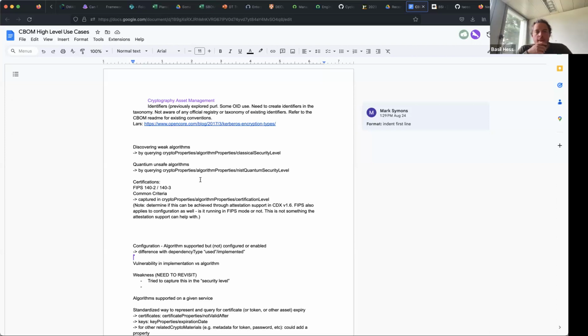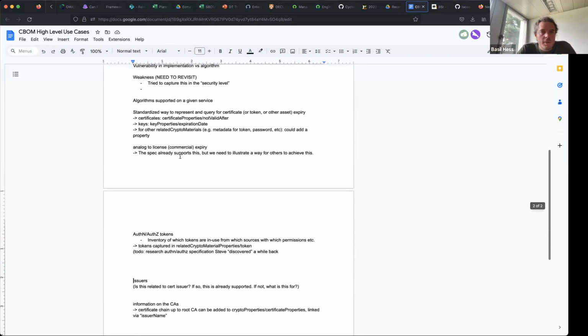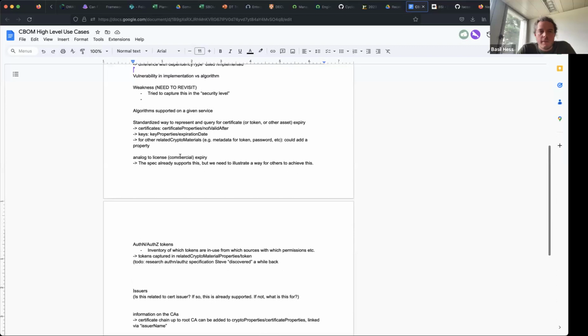I think most of them, yes. I mean, there are some that might need some discussion, like this standardized way to represent and query for expiry, right? That's something to be added to relate the crypto material. But I think that's a relatively small thing there. I mean, we had the weakness, right?